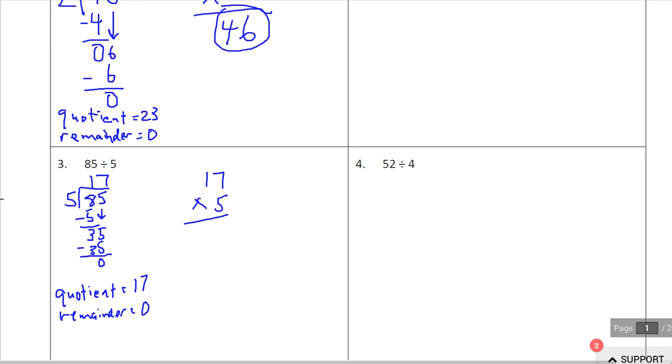Well, 7 times 5 is 35. The 5 here, 3 left over. So I have 5 times 1 is 5, plus 3 is 8. So there's our 85 here, and our 85 here. So that checks. All right, pause the video and do numbers 2 and 4, and hit play when you're ready.